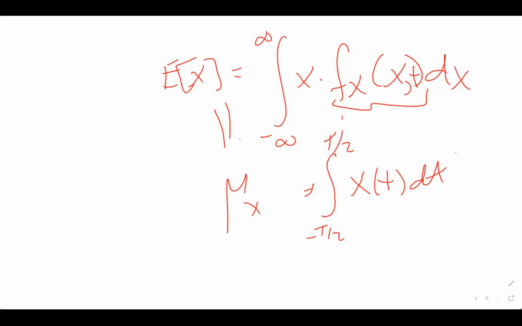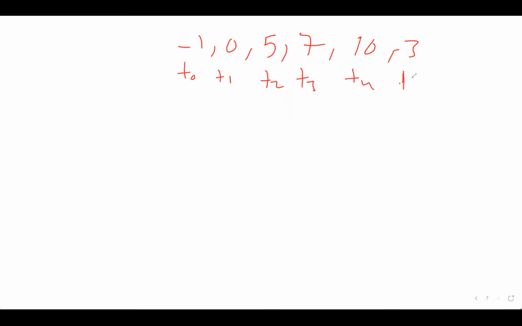So now we should have learned something. When I give you a signal with output voltages like -1, 0, 5, 7, 10, 3 volts, each at a certain sampling time, for example T0, T1, T2, T3, T4, and T5, and I ask you what the mean of the signal is, you will say it is easy.